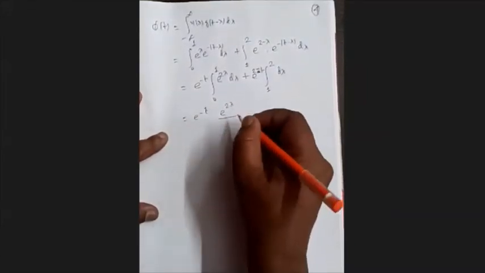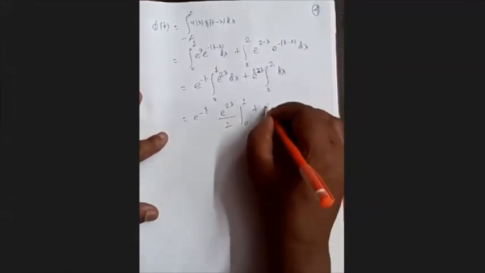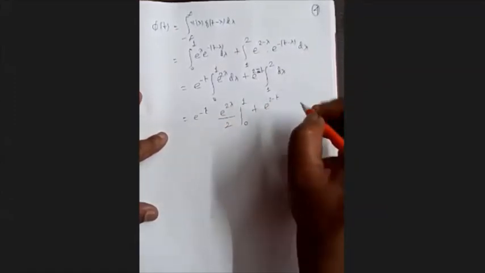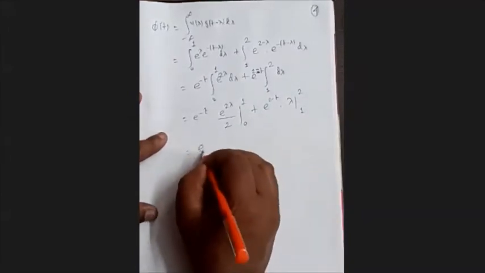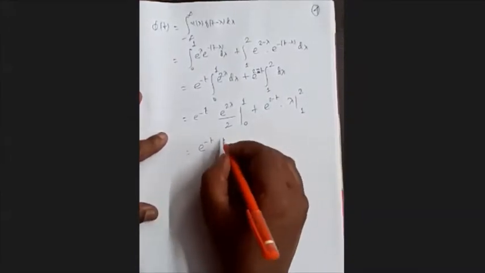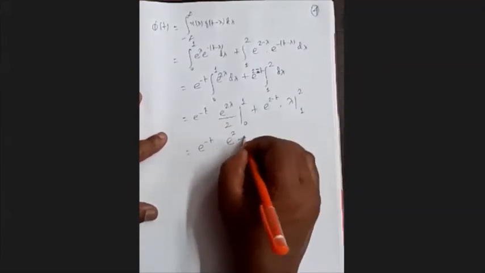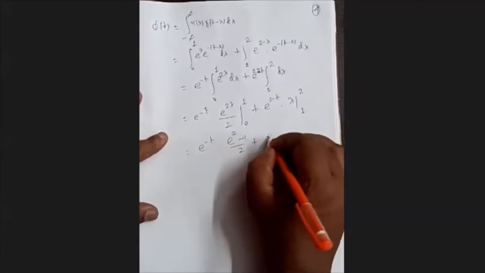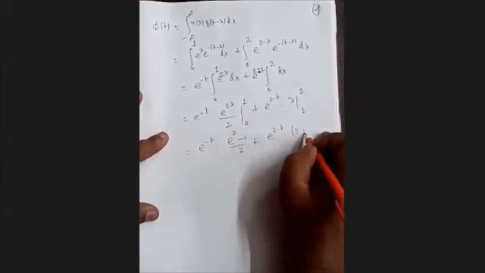I'm not skipping any step, so that all of you can understand it equally. It is e to the power minus t, then e square minus 1 by 2 plus, it is 2 minus 1 as usual.